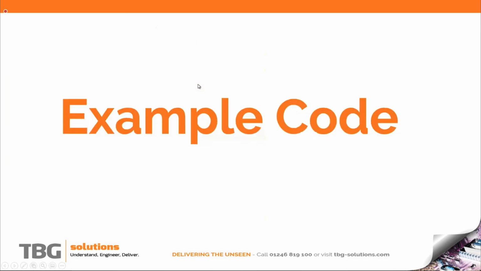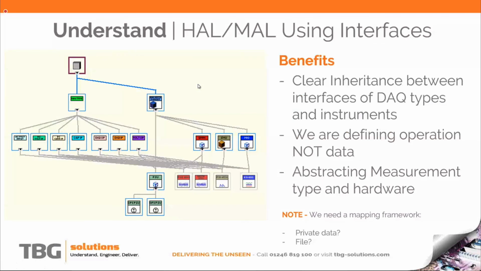So what I've looked at translating that into is something that looks a little bit like this. Now, this may well not be leveraging 100% best practices. I've tried to simplify and refactor, going back through documentation, so that we are only defining operation rather than data.